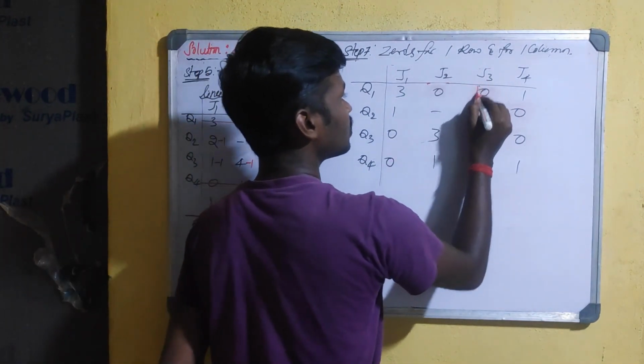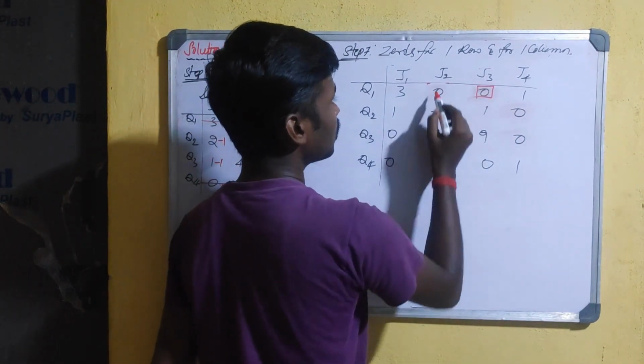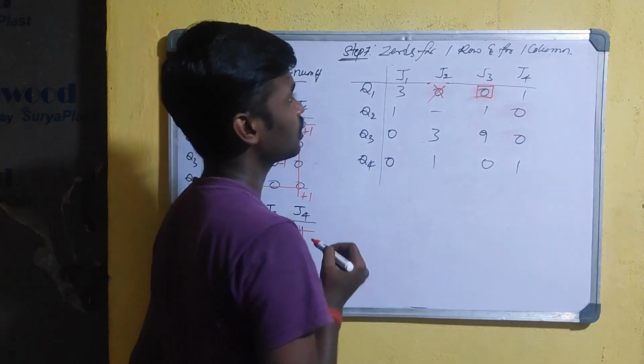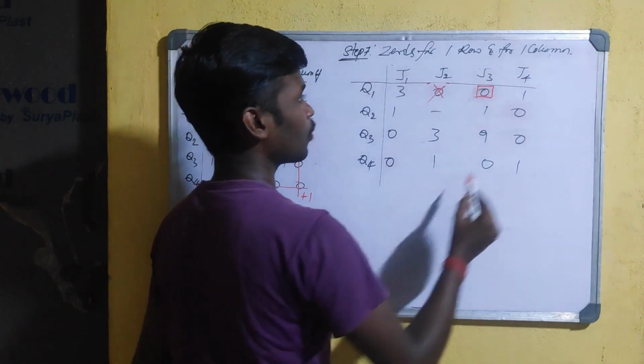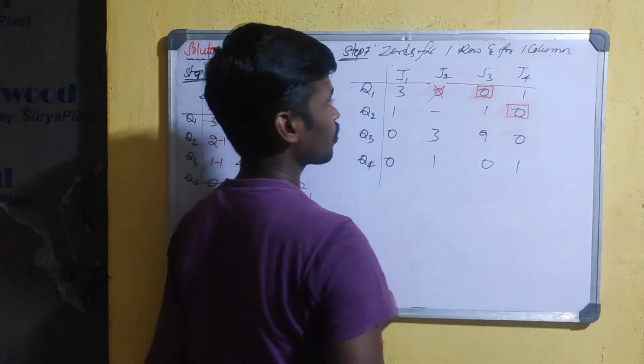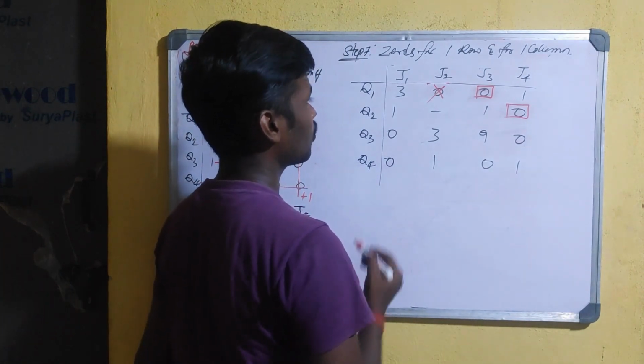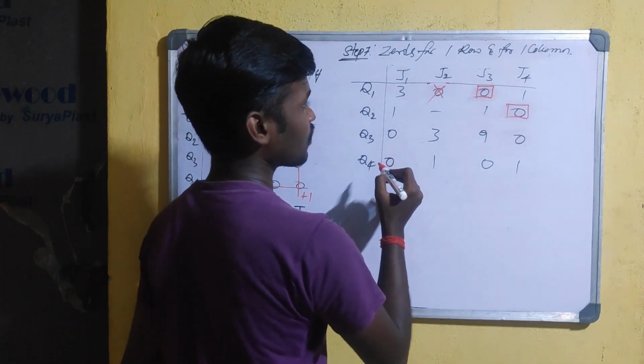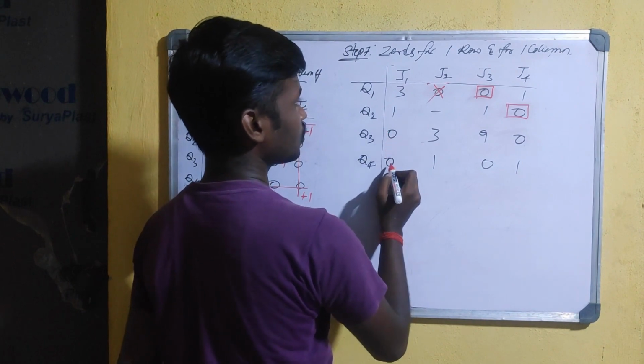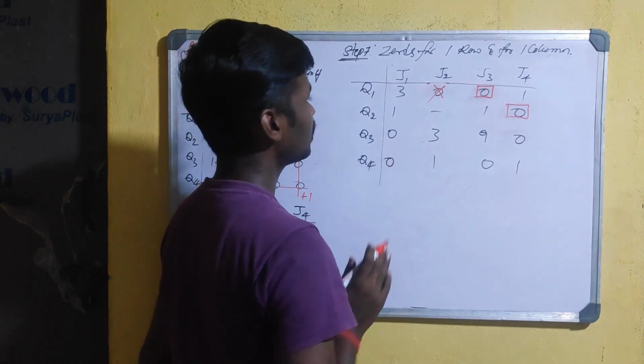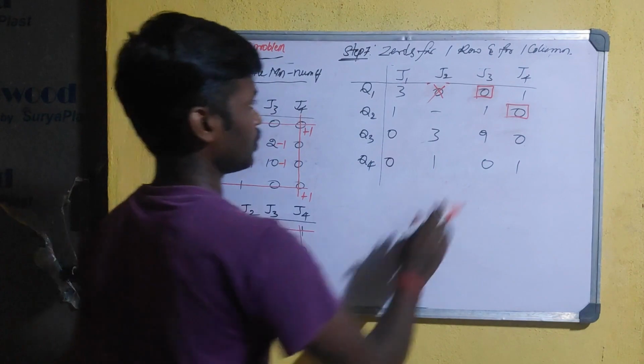See, by selecting this 0, is it possible? So I am not going to select this 2. Next, I am going to select this 0. Okay, next I am going to select this 0. So again it is not possible.